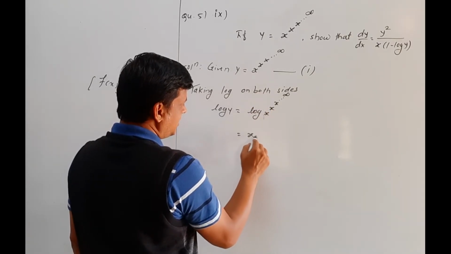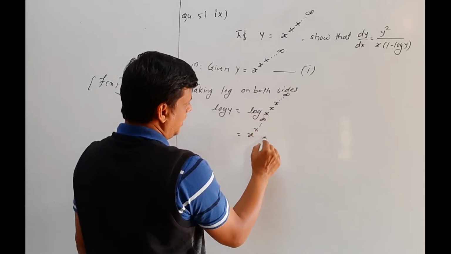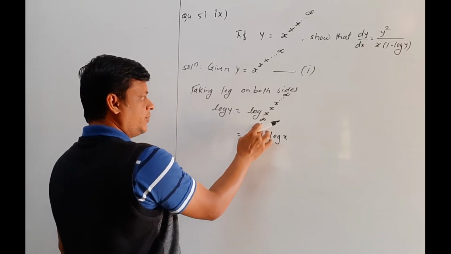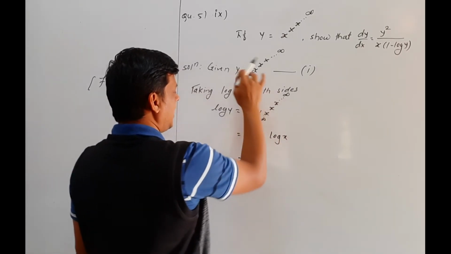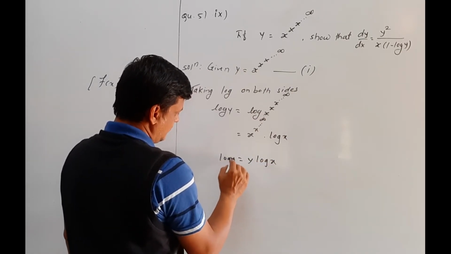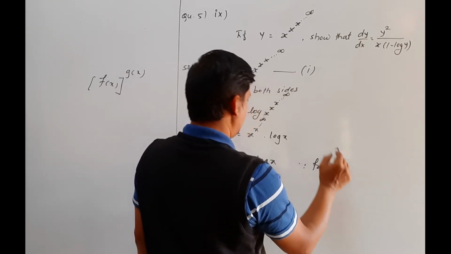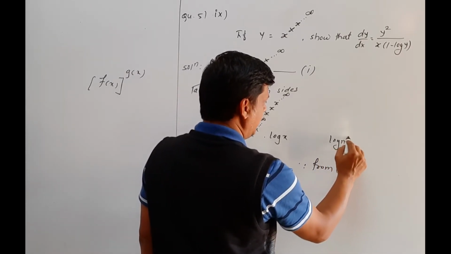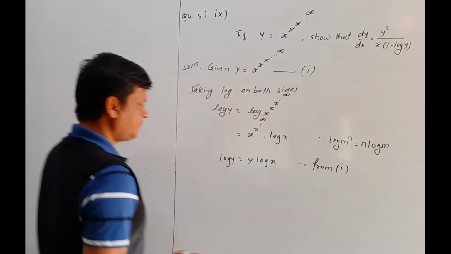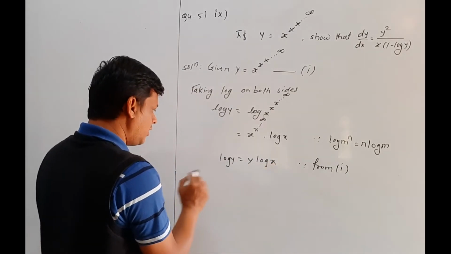So write x raised to the power x raised to the power x and so on up to infinity into log x, and we write this x raised to the power x raised to the power x raised to the power infinity as y. So write here y into log x. The reason from 1: here you have to write the law log m raised to the power n as n log m. So we differentiate this, and in the right hand side we have to apply the product rule.